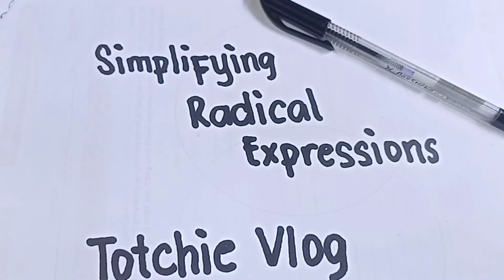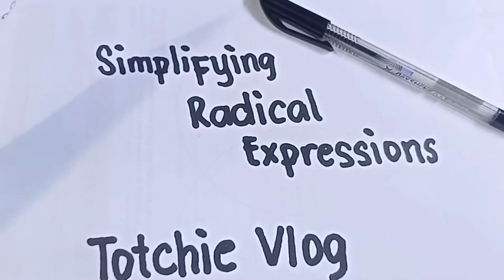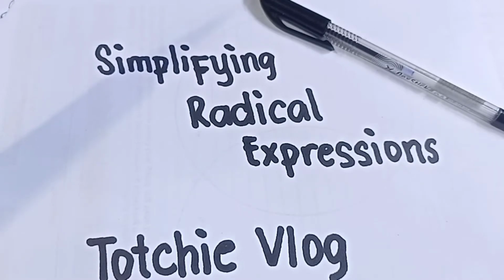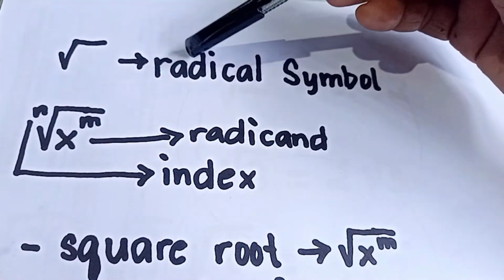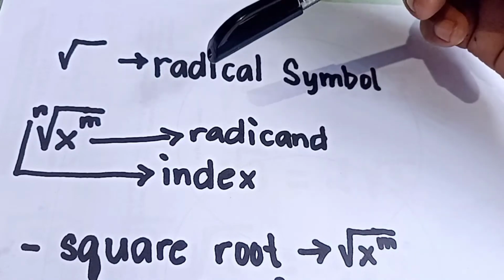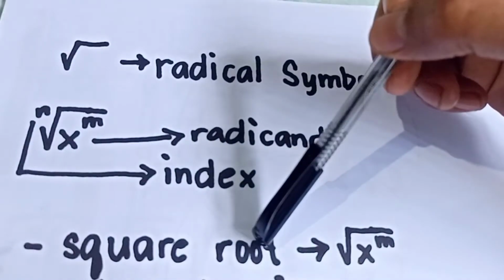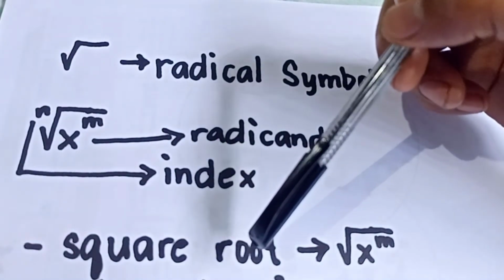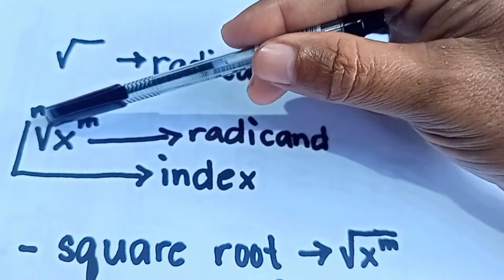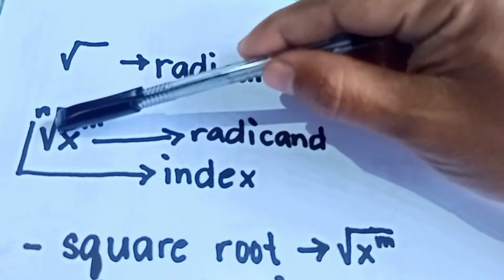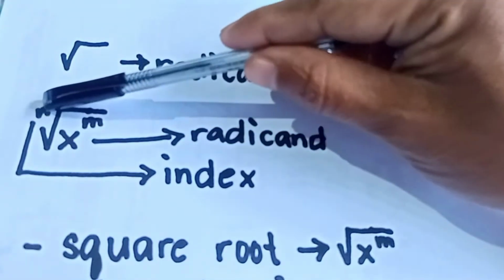Okay, simplifying radical expressions. What is a radical expression? In mathematics, a radical expression is defined as any expression containing a radical symbol. Here is the radical symbol, and many people mistakenly call this a square root, but it depends on the number indicated on this part, and the number indicated here is called our index.